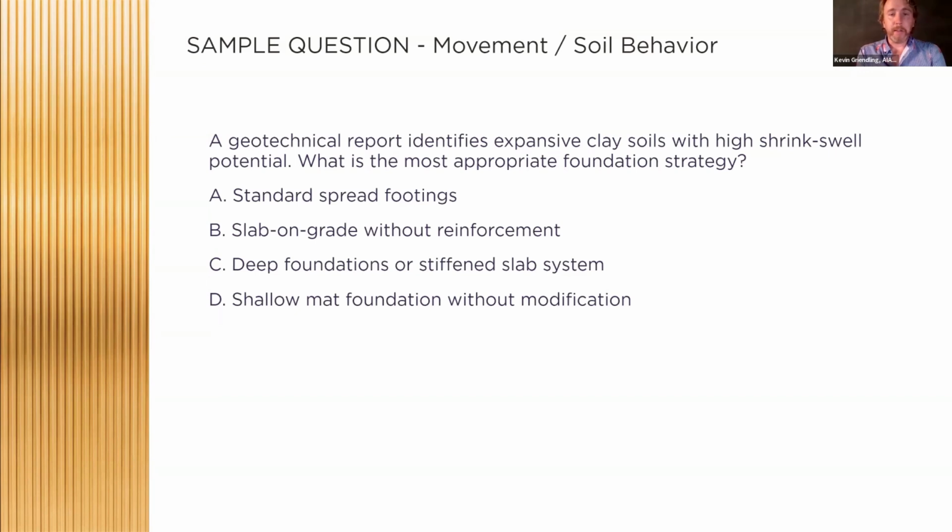Deep foundations or a stiffened slab system will get through the expansive clays and provide enough either friction or depth to get to more stable soils below. And a shallow mat without modification is just going to be too weak to get through the expansion of expansive clay soils and high shrink swell. So the correct answer is deep foundations.